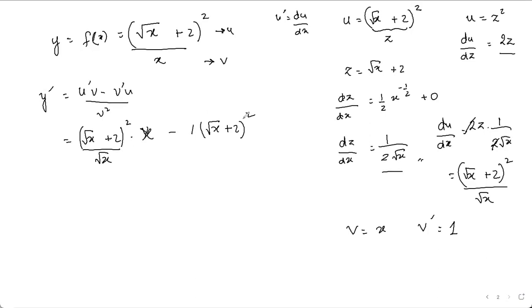Over everything is now divided by v squared. v is x, so v squared will be x squared.